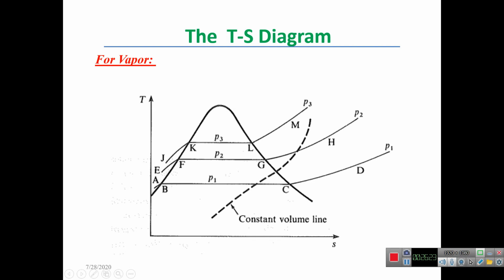This line A, B, C, D represents a constant pressure line on a TS diagram for vapors. A, B, C, D is a constant pressure P1, E, F, G, H is a constant pressure P2, and J, K, L, M is a constant pressure P3.